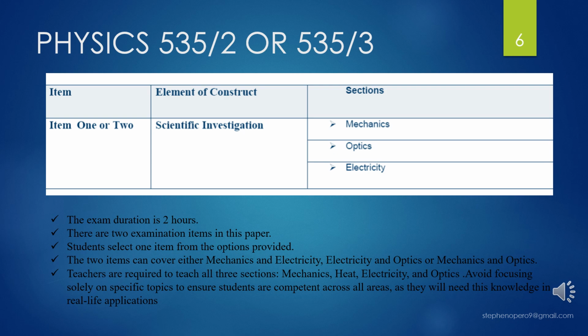So just like we agreed that physics has now two papers. Paper 1 is the theory part of it, though competency based assessed, and the second paper is a practical paper. However, it is divided into two to just cater for a bigger population in different schools.